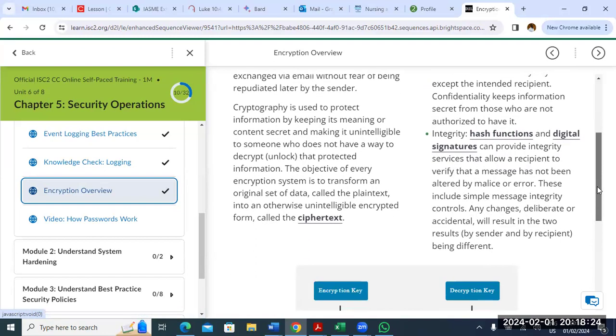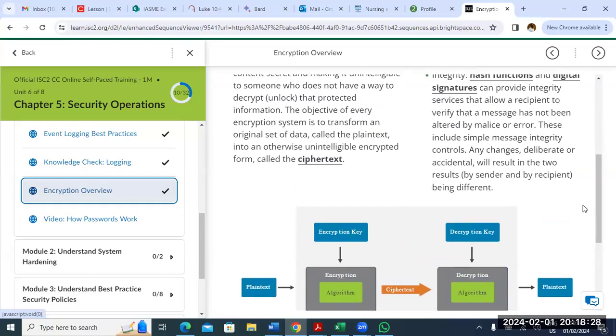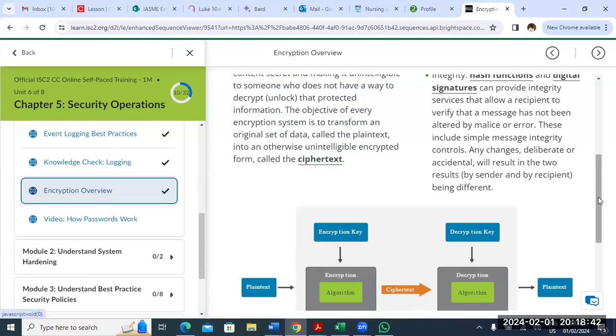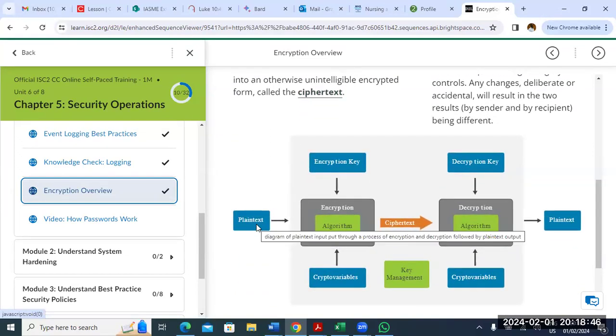When it has not been encrypted, it's called plain text. But when you encrypt it, it's called ciphertext. The altered form of a plain text message is unreadable for anyone except the intended recipient. In other words, it has been turned into a secret, called ciphertext.